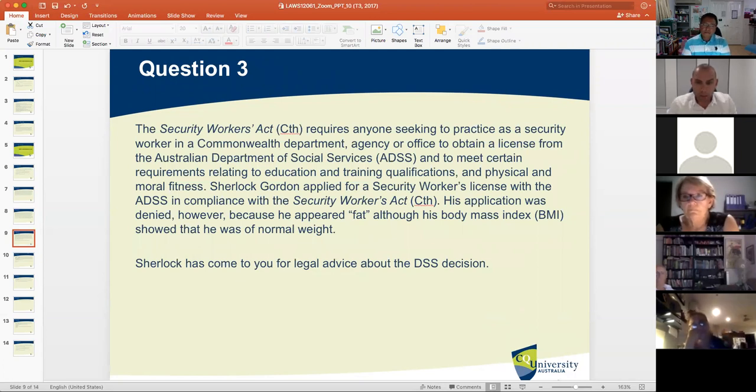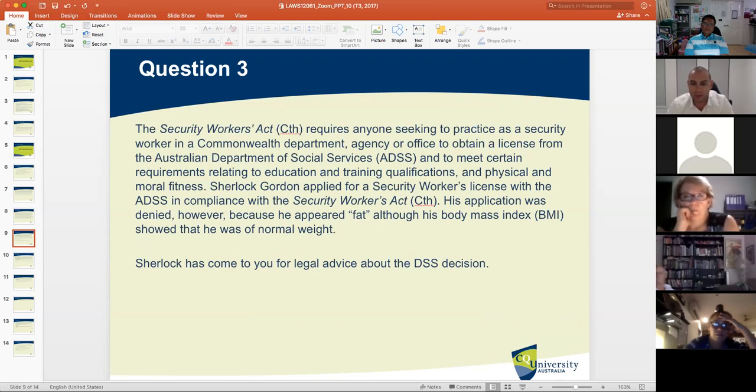The Security Workers Act Commonwealth requires anyone seeking to practice as a security worker in the Commonwealth Department, agency or office to obtain a licence from the Australian Department of Social Services, ADSS, and to meet certain requirements relating to education and training qualifications, and physical and moral fitness.